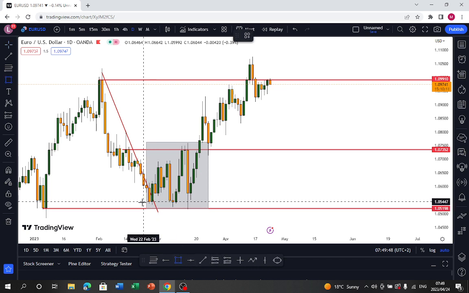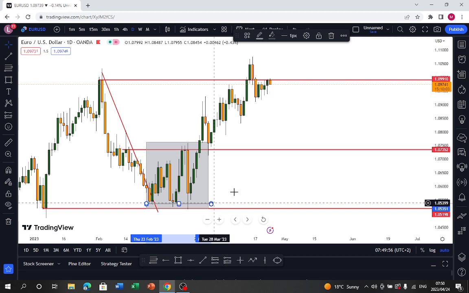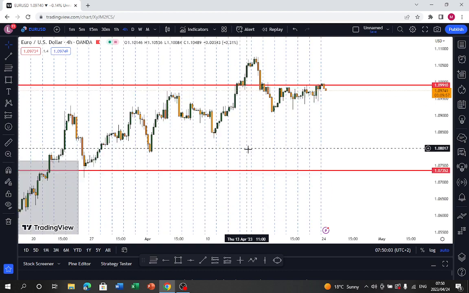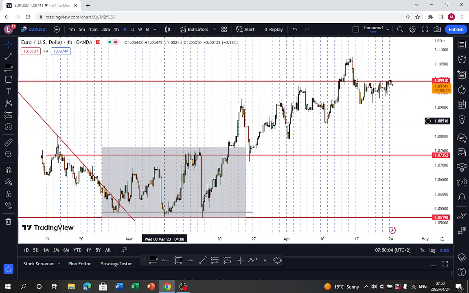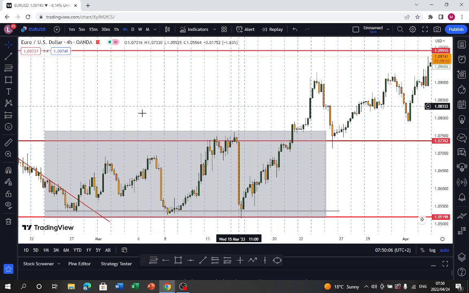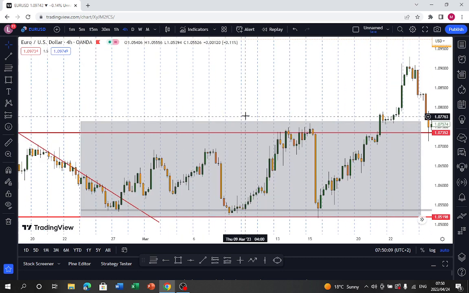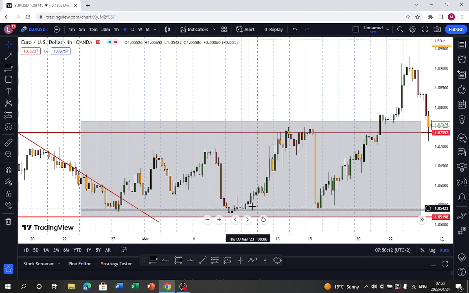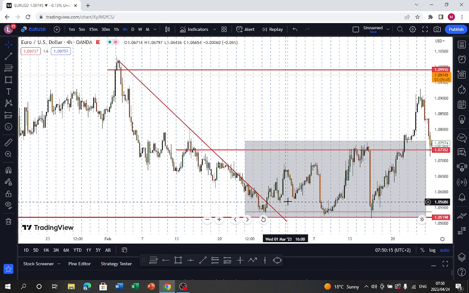So this is very close, these two areas, right? Very, very close. So the market won't usually do what you want it to do, right? It's gonna do what it's gonna do, right? You just have to reason with it, right? So from this point, from here, here, here, we can say that the daily was tested, right?